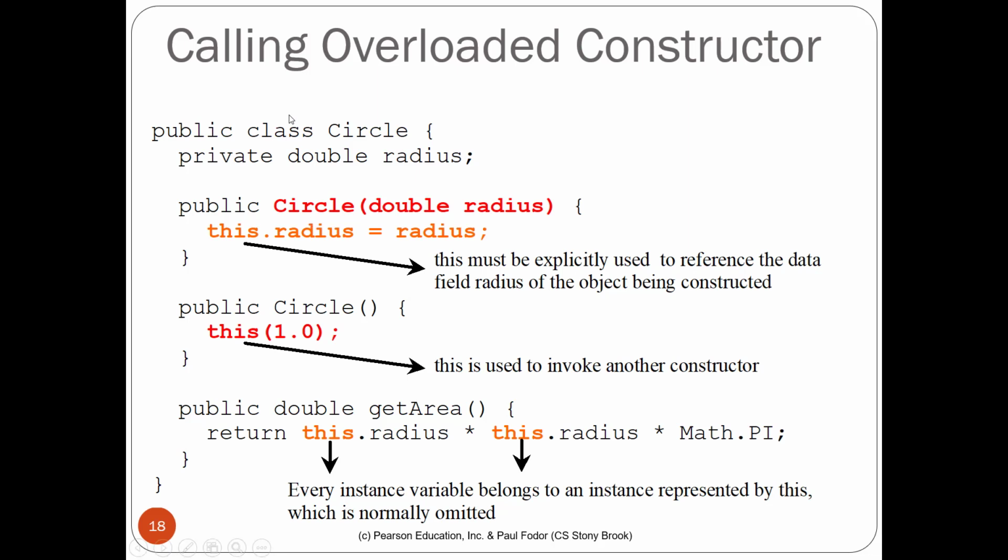The same thing: we have private double radius, then you have this constructor, setting radius to the radius. Since you use this, you're good. This must be explicitly used to reference the data field. I hope that I explained these things to you and you can go over these details that I have in the slide.